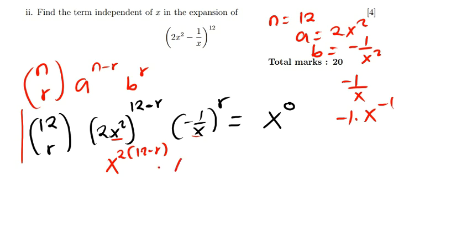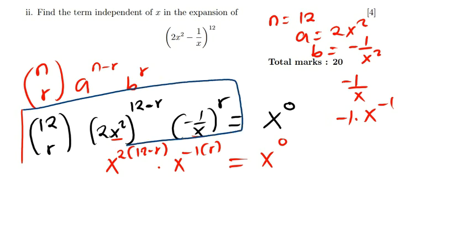So now I have x to the power negative 1, then I also have r. This has to be equal to x to the power 0. You always ignore the coefficient, please. So I've ignored this, I've also ignored this, because I'm only interested in x. But after finding the value of r, I'll come back and plug in the values there and find the answer. The answer I'm going to find there will be a term independent of x.